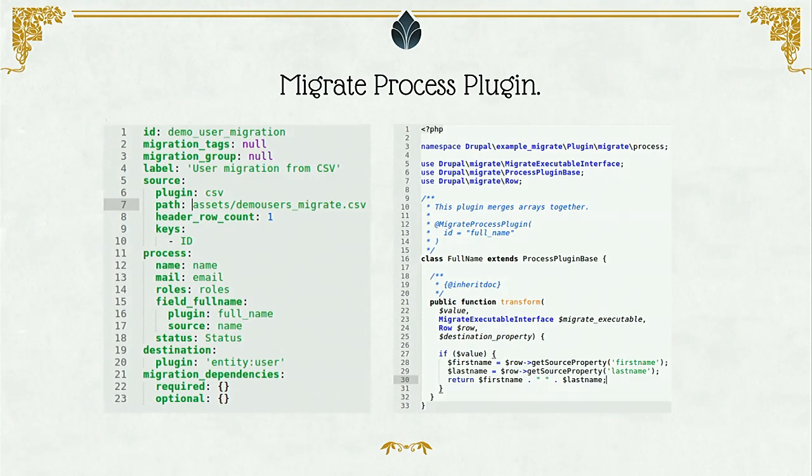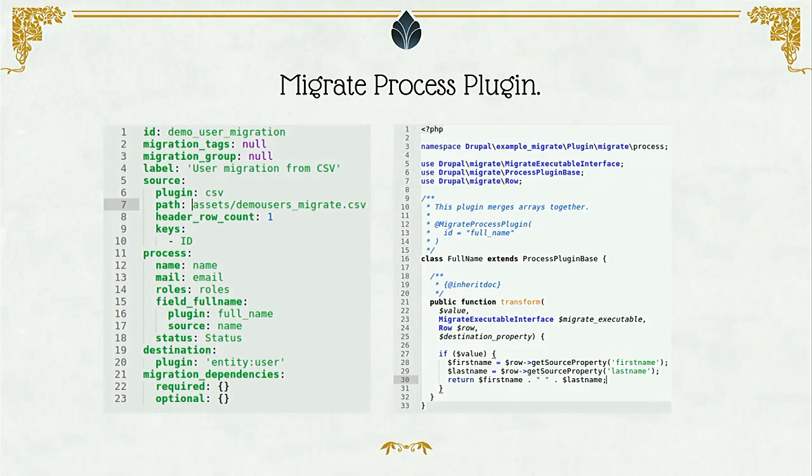You can make your own fields, how they should appear. Suppose you want to split the data. You're getting raw data, 1, 2, 3 together. You can split it comma separated, explode it or implode it. That's what we're doing. Here we get the first name and last name, and we return them together as a single field.